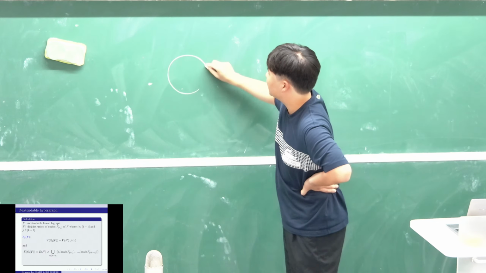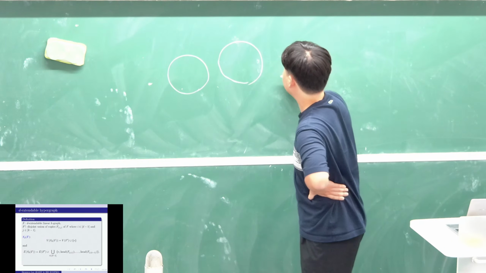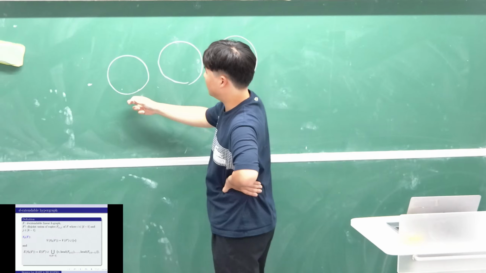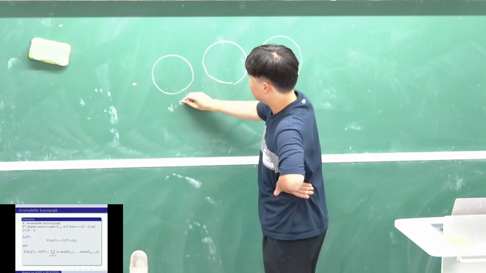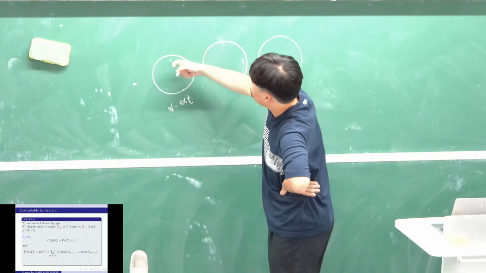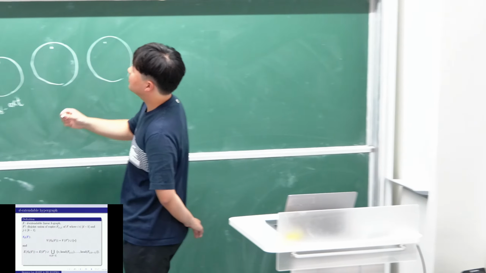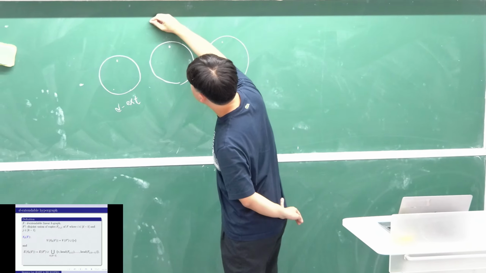We start with some disjoint copies of the extendable linear hypergraphs. These vertices are the heads of each hypergraph. And now we introduce a new vertex V here.